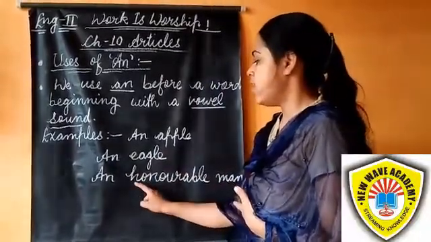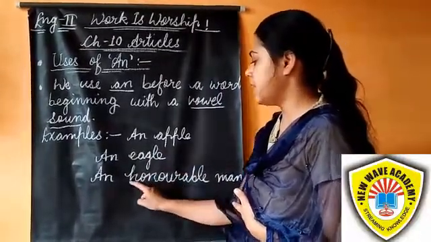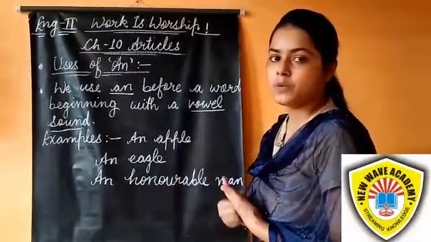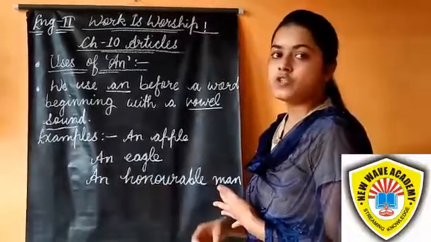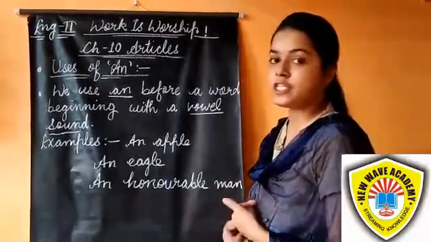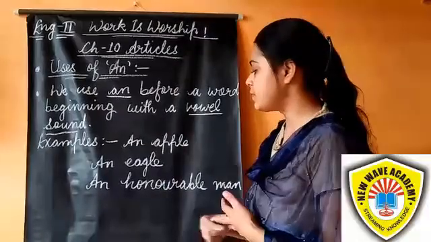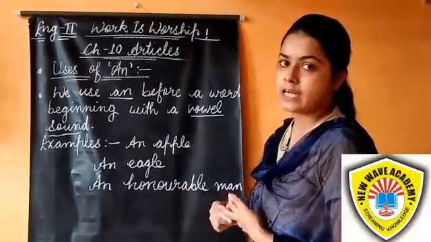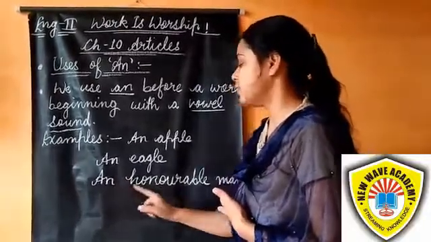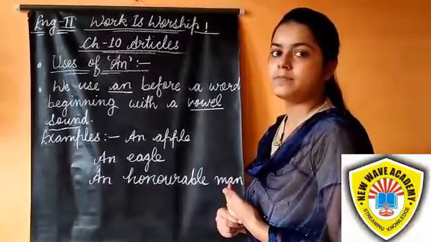Here honorable starts with H, a consonant, but when we pronounce it, it starts with an O sound. H is silent here. So we put an before honorable.